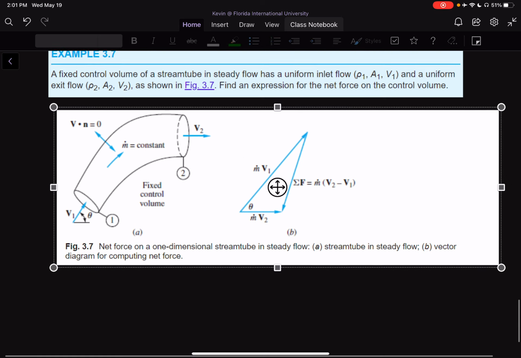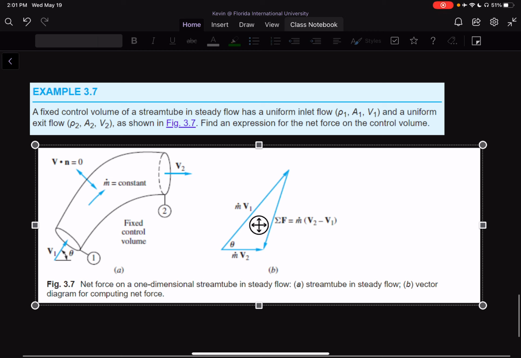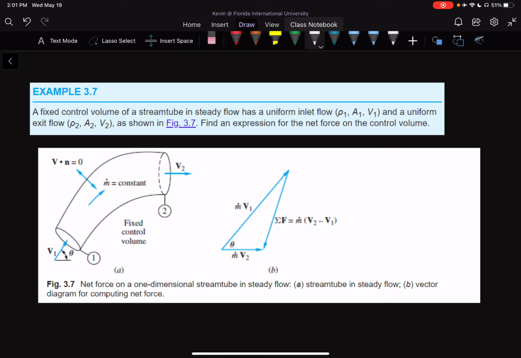So we have a problem that says a fixed control volume of a stream tube in steady flow has a uniform inlet flow rho 1, A1, V1, and a uniform exit flow rho 2, A2, V2. And remember, the book does velocity differently. So this is a velocity term.